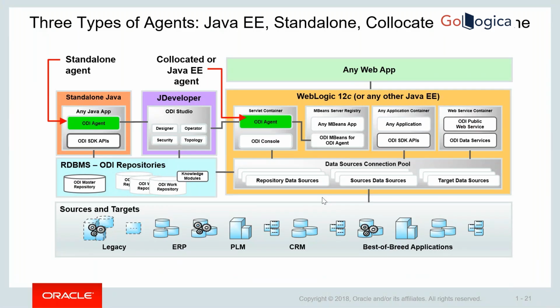When you go with the enterprise install, we have both agents, the standalone as well as the Java enterprise agent. Generally in development we use the standalone, and in production we go with the Java enterprise, by which we have the ODI Console, Enterprise Manager, and everything.